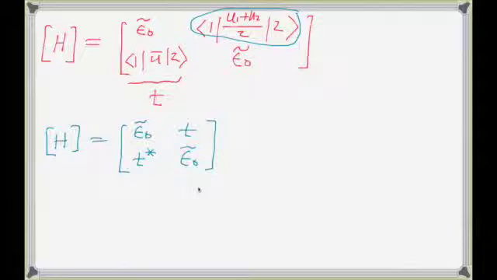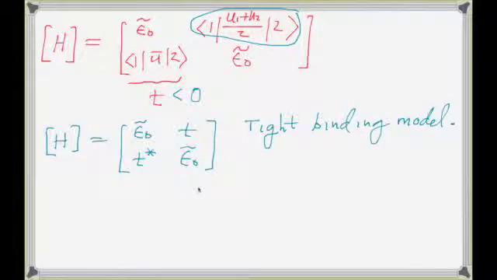So these t's are actually a negative number, something less than 0 for the s orbitals. Okay, so we have brought this down to a very simple form of a tight binding model. And tight binding models are how we're going to start and spend the first number of weeks of the course working with.